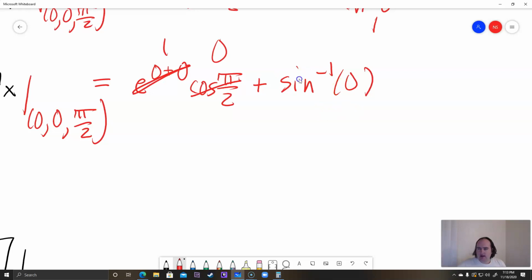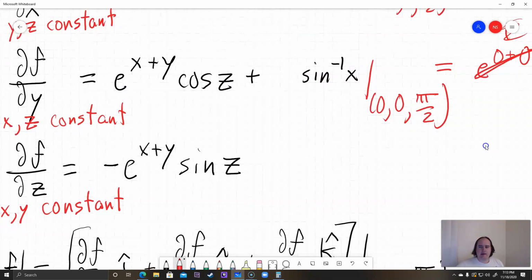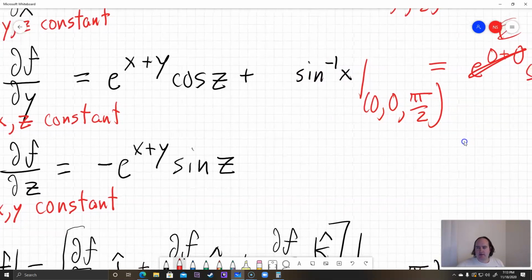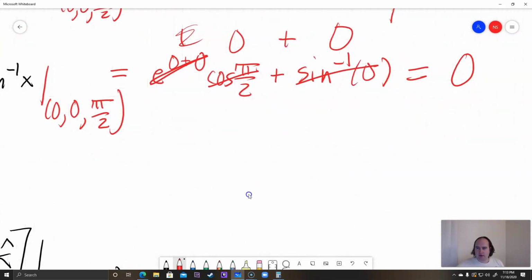But sine inverse of 0 isn't defined for 2 pi, it's only defined for 0. So sine inverse of 0 is 0. So really here we have 0 plus 0, which is 0. So partial f, partial y, evaluated at 0, 0, pi over 2 is just 0.